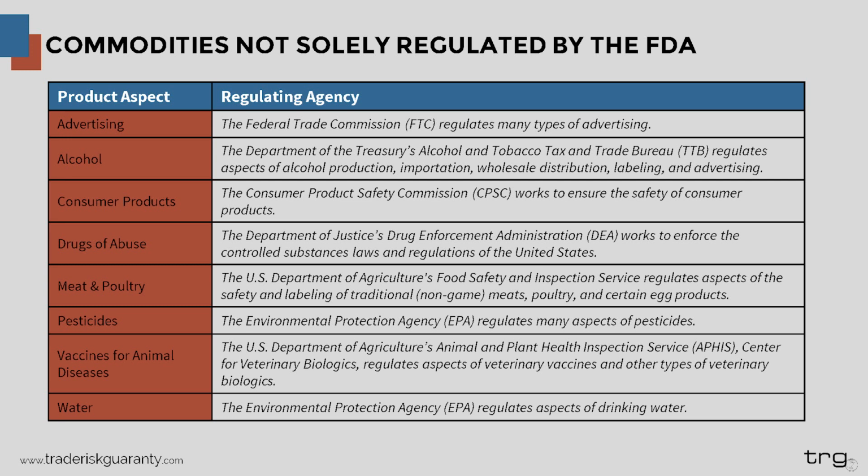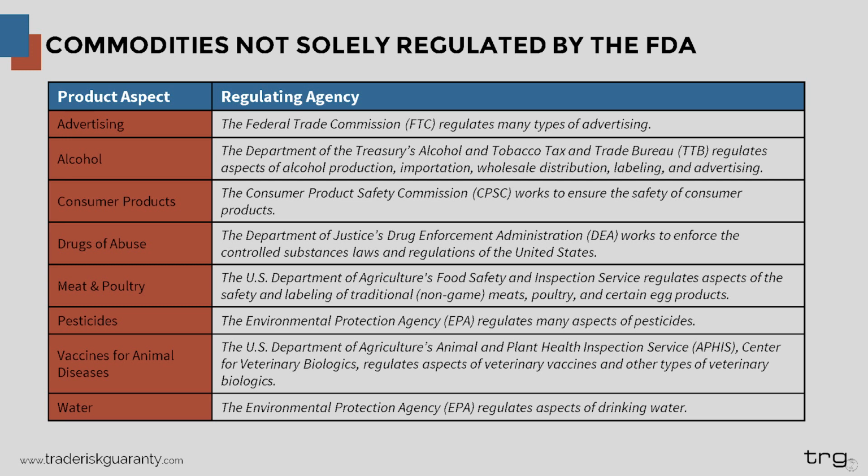Sometimes you might think of advertising on a food package as only overseen by the FDA. That is not the case. The Federal Trade Commission is the federal agency that regulates many types of advertising. The FTC protects consumers by stopping unfair, deceptive, or fraudulent practices in the marketplace. So if there is something wrong with how the product is advertised, that's going to go through the FTC.